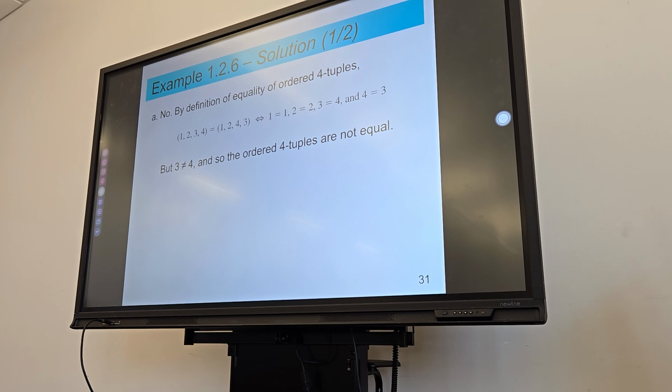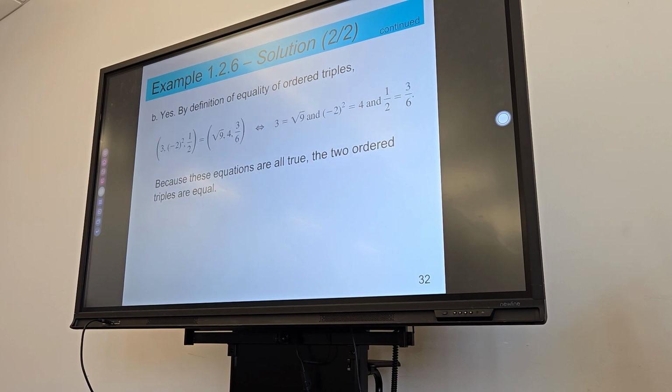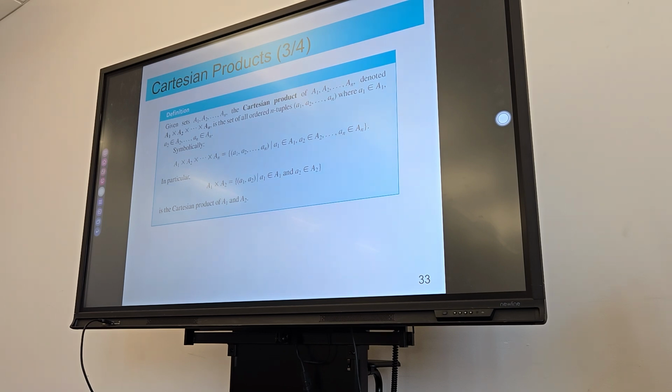So, let's see here. Now, Cartesian products. Given sets A1, A2 to AN, the Cartesian product of A1, A2, A3, and so forth, is denoted with the X symbol: A1 X A2 X A3 and so forth to AN.